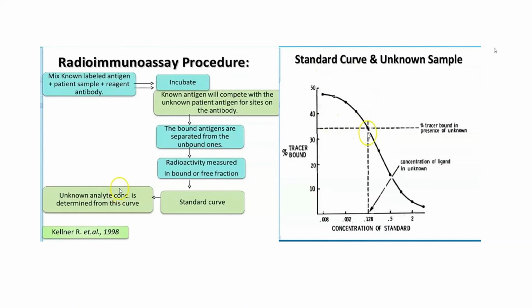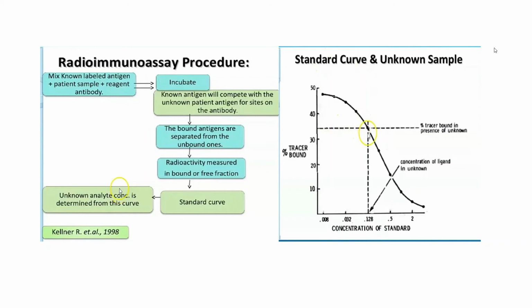This is a flowchart of the radioimmunoassay procedure. As I told you earlier, we are going to add a known labeled antigen along with the patient sample. In this, we are going to add an antibody also, and after this, we are going to incubate this for some period of time, and later the known antigen and the unknown antigens will compete for the binding site of the antibody.